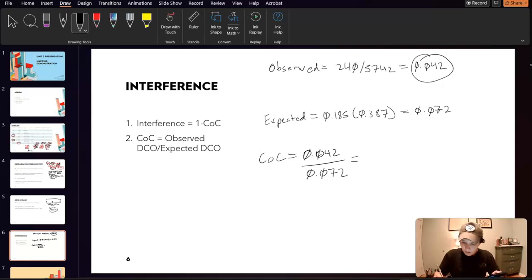Okay, so we get 0.58 and a bunch of 3's.